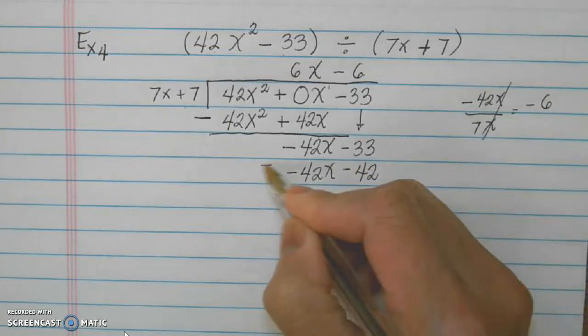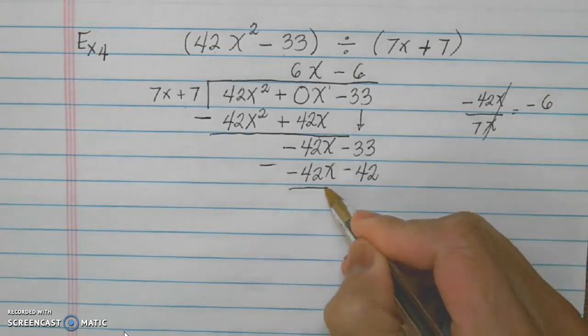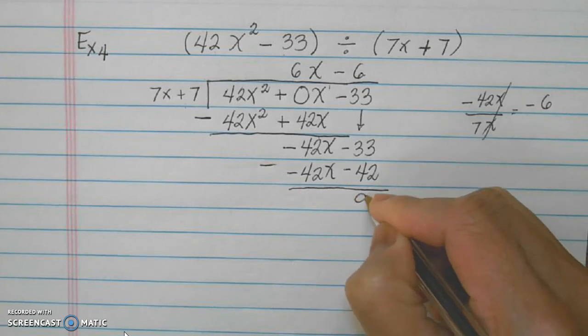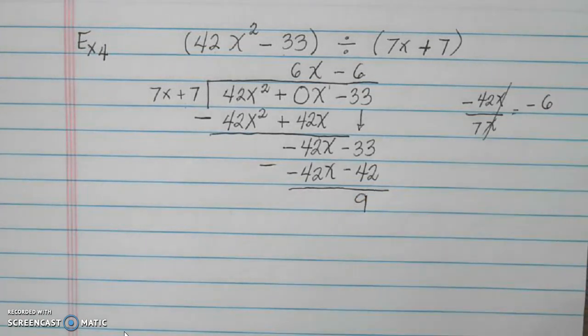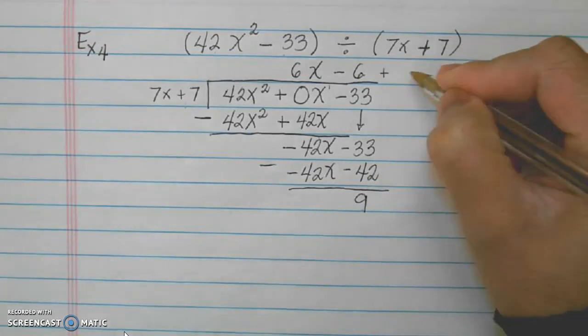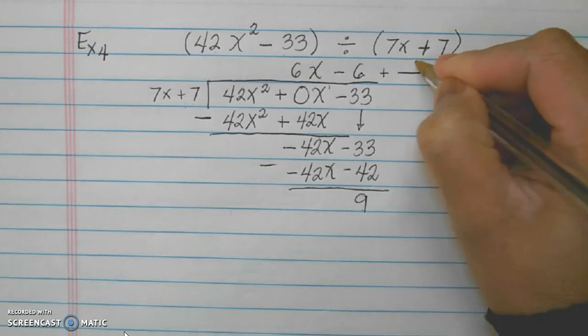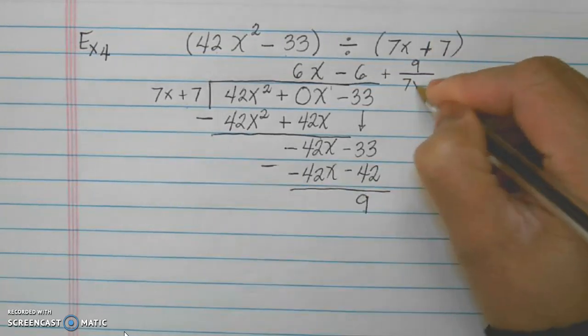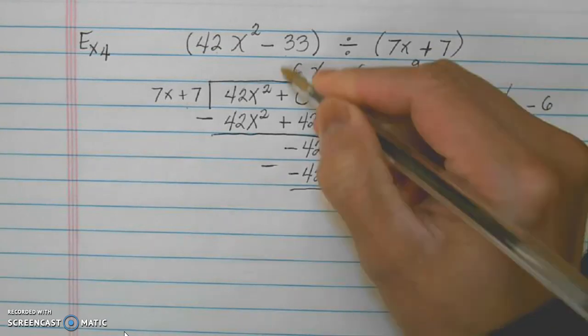We're going to subtract, and that is going to be a positive 9. And that is a remainder. So we're going to write down plus and then the fraction 9 over 7x plus 7. This is your quotient.